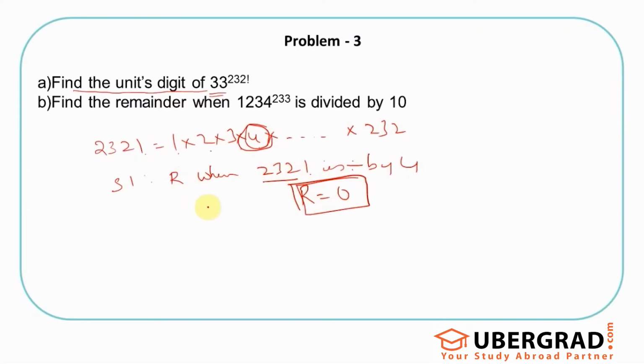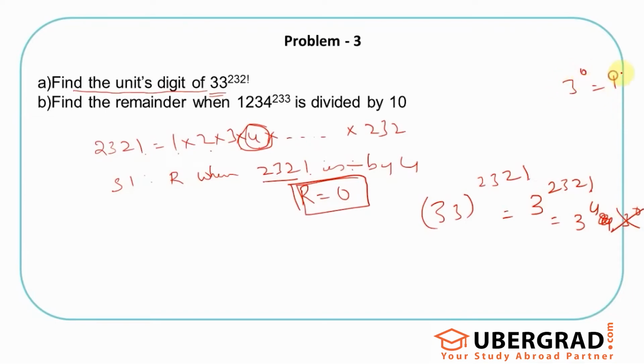So that means 33 power 232 factorial is same as 3 power 232 factorial, is same as 3 power 4 and not 3 power 0. Because the remainder is 0, don't take it as 3 power 0, because anything raised to 0 is 1, so we would get the answer as 1, but that's not correct. If the remainder is 0, I have to take 4.